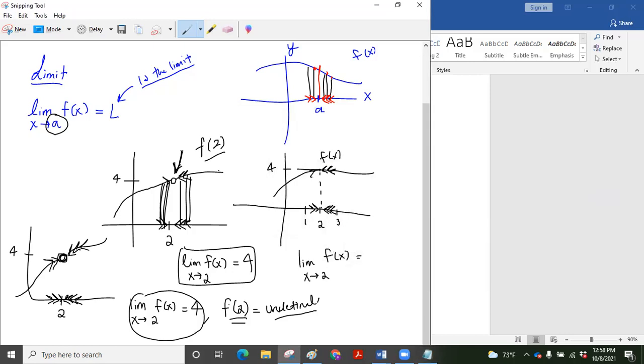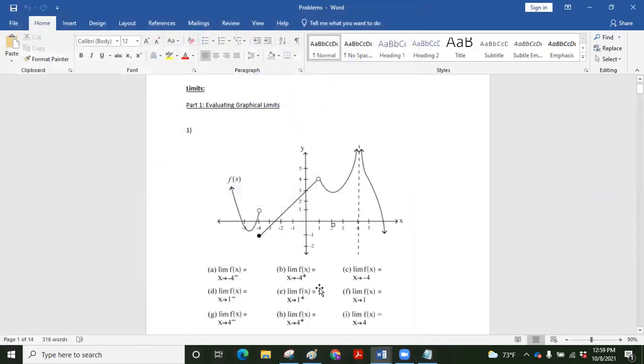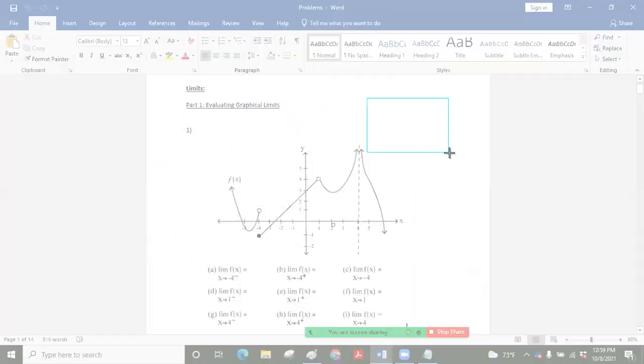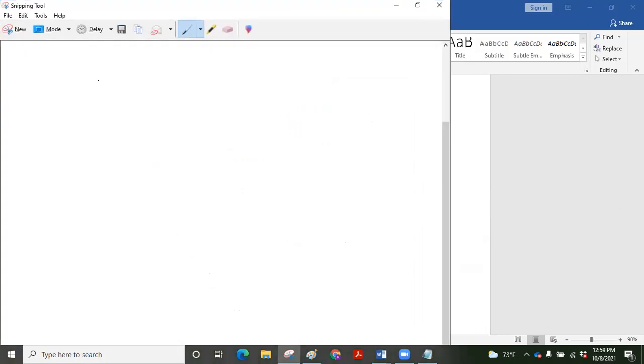Another thing that I see quite often is something like this. We have 3 here, and let's say 4 here.